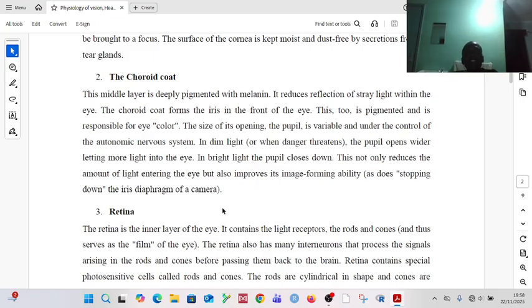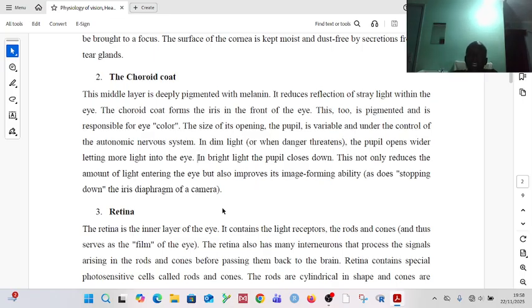Should there be any stray light within the eye, that dark pigmentation helps in the reduction of reflection of any light that is within the eye at that particular point. In the front, the choroid coat now forms what we call the iris.